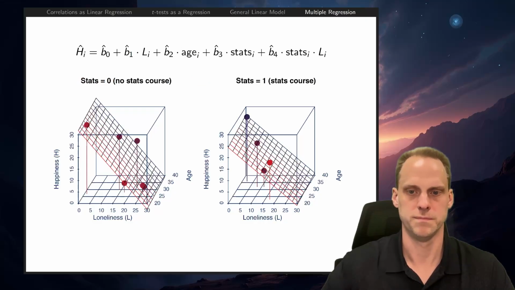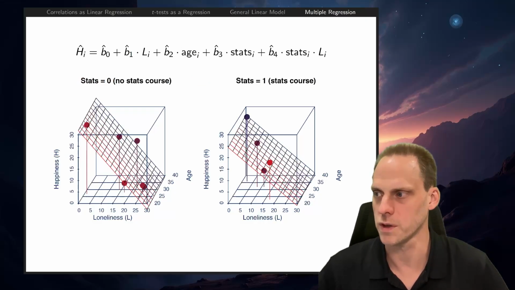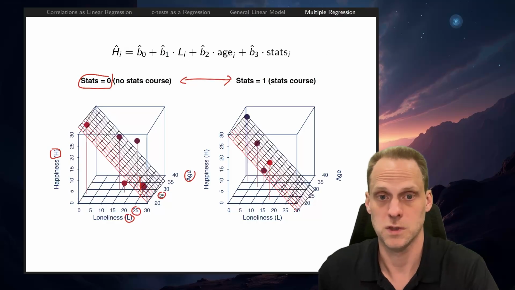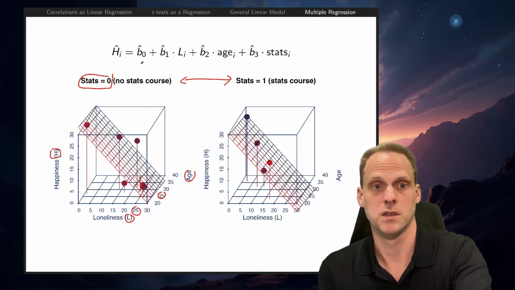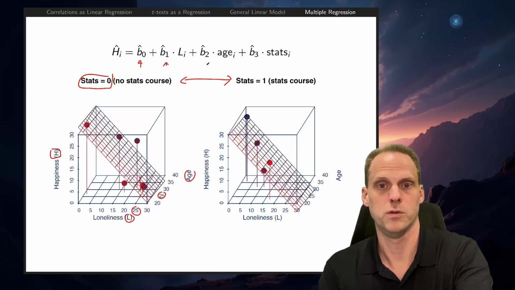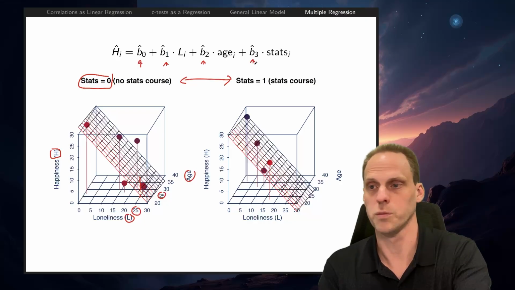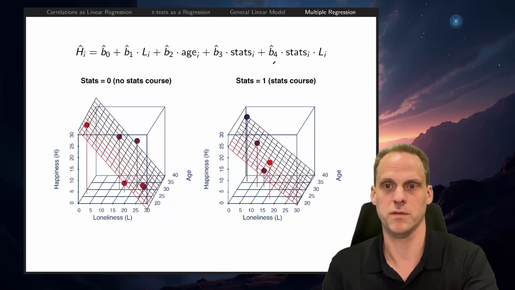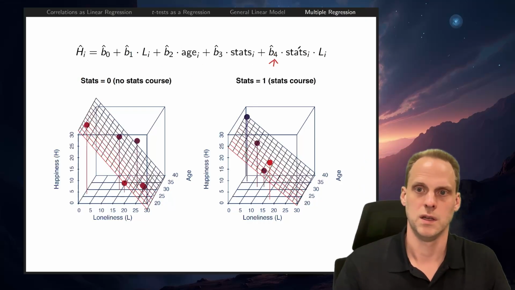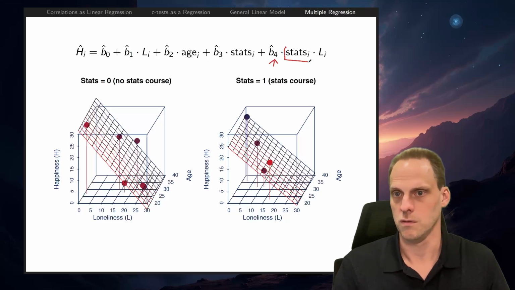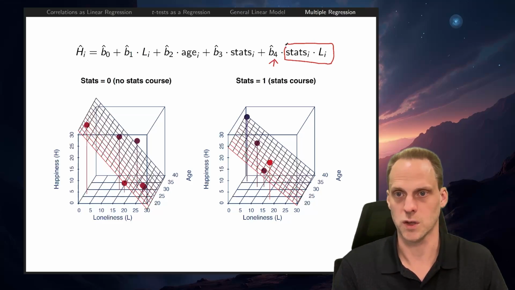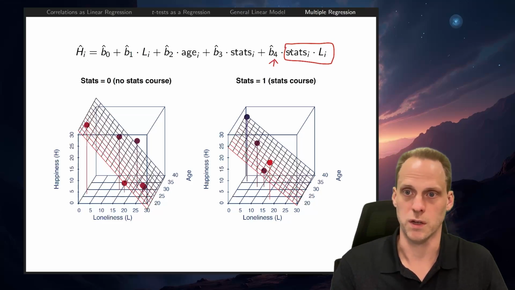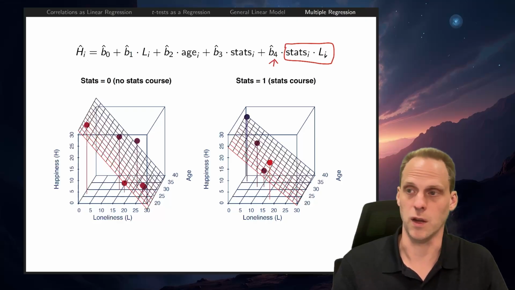So now, I did something even more crazy. We had 4 parameters, and now I add a 5th one, which is the regression coefficient that corresponds to an interaction effect between stats and loneliness.